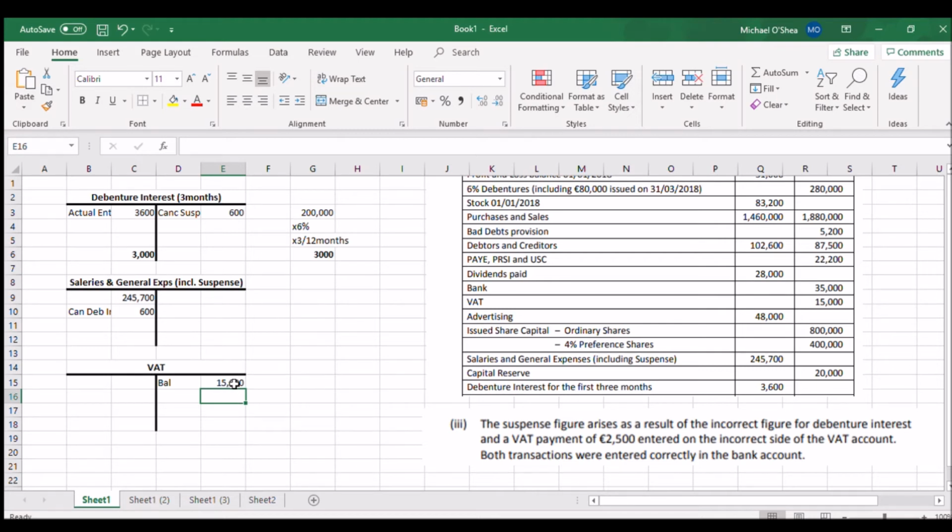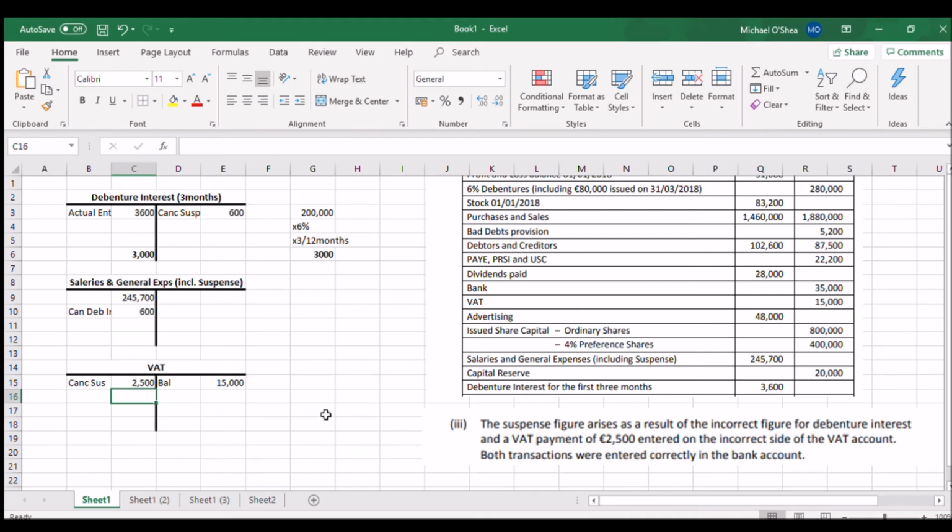And it should have been entered here. So if I want to cancel that 2,500 that was mistakenly entered here, then I have to enter 2,500 on the opposite side. That'll be cancel suspense, 2,500. All I've done now is cancel the incorrect entry of 2,500 from the credit side by putting it on the debit side.